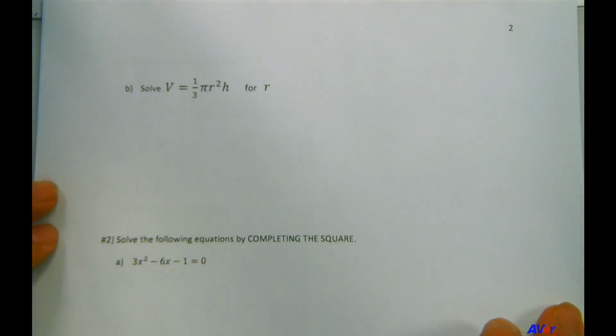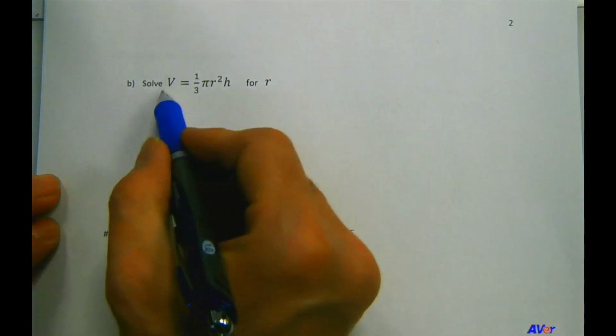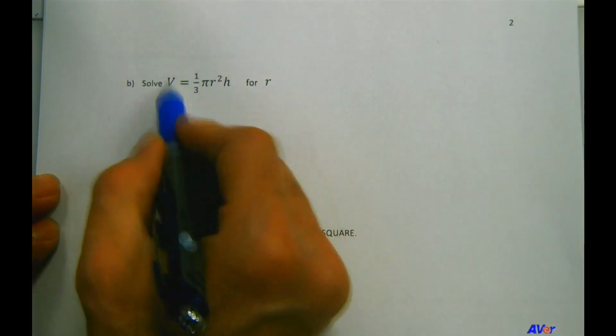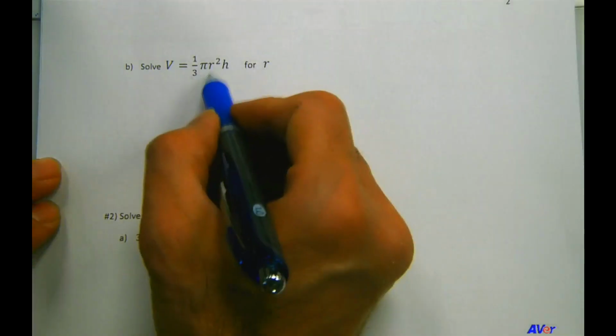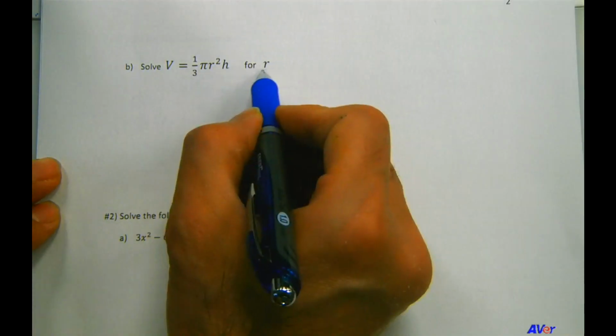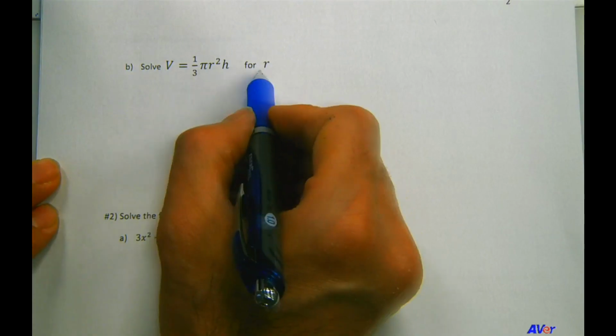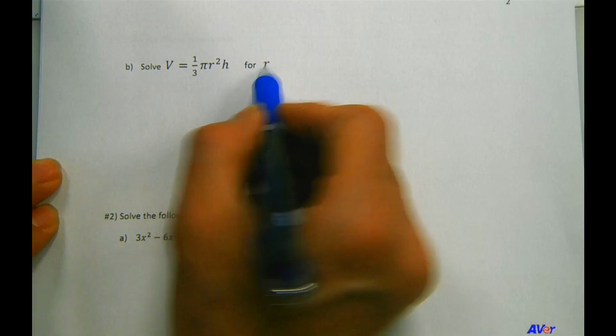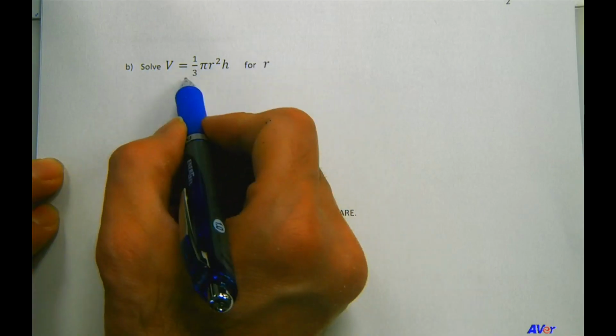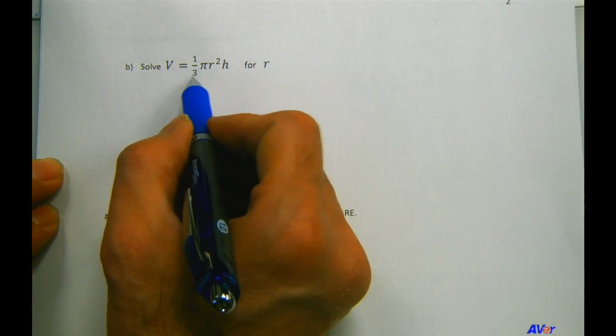Here's another literal equation. We have this equation, V, capital V, equals 1/3 pi r squared h, solve for r. Okay, so our objective is to solve for r, not r squared, r. Once again, take a look at this. We have a fraction, right?